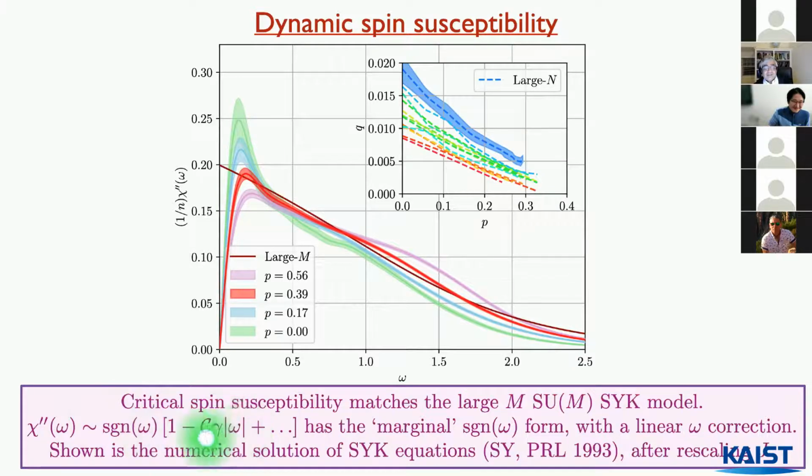And this gamma, this is the same gamma. This comes from the Schwarzian. So if you look at the corrections, which we did not know before Kitaev's work, we can now figure out from the Schwarzian what the first correction to chi double prime of omega is. It's linear in omega, as you see quite easily from the numerics of both the actual SYK model, but also this t-J model, which is far more physical, of course.